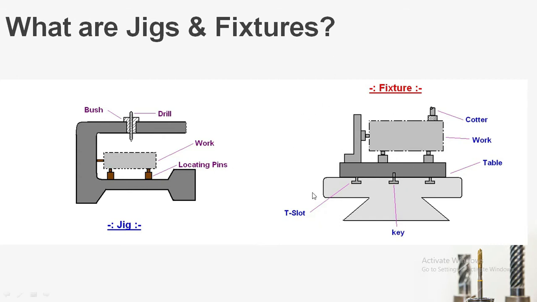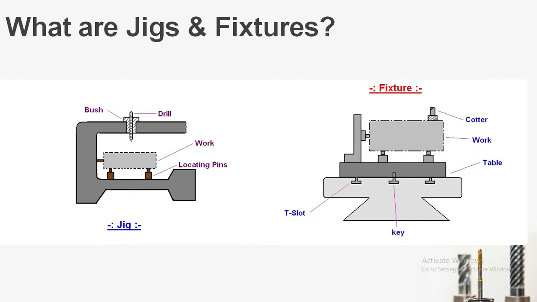Now what does a fixture do? Just remember students, whenever you are learning the concept of a jig, always keep in mind that drilling operation is the best example for a jig. That is, the function of a jig is mostly to guide and support and locate the tool at a particular or accurate location, so that machining is done repeatedly and at a faster rate.